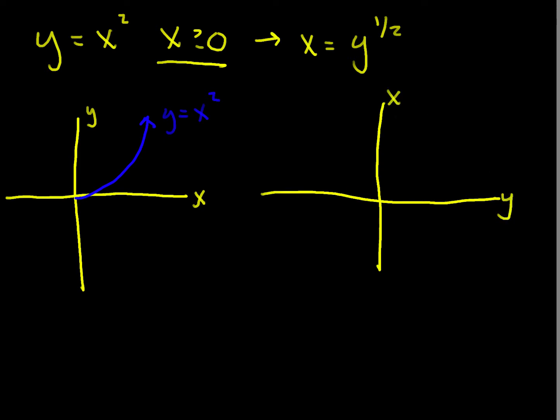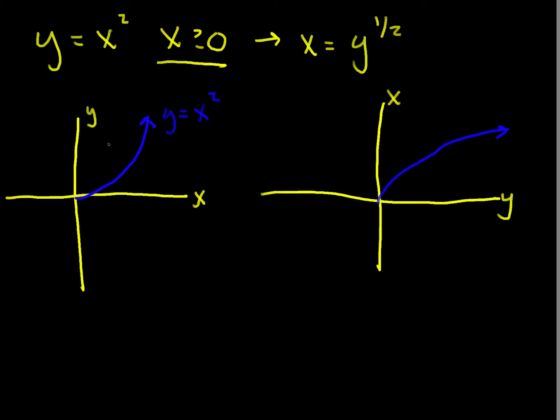And its graph, the square root graph, looks something like that. Now, my drawing isn't perfect here, but hopefully you can see the similarity, going from y equals x squared to x equals the square root of y.